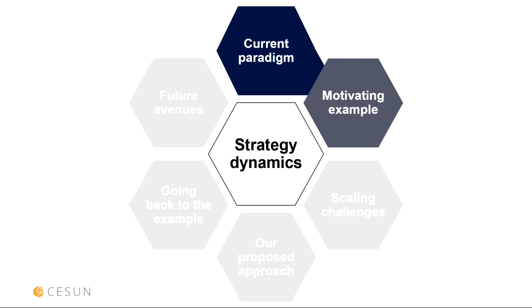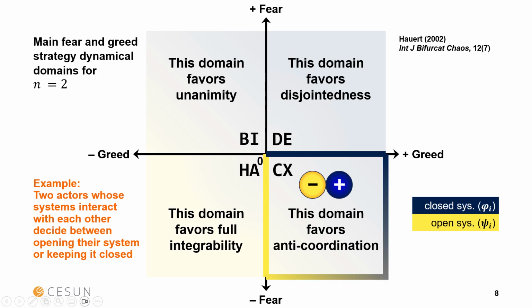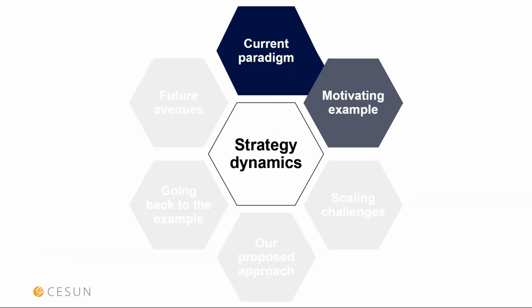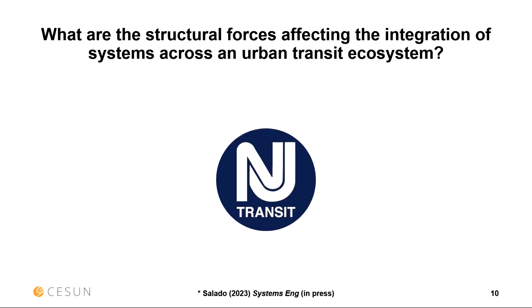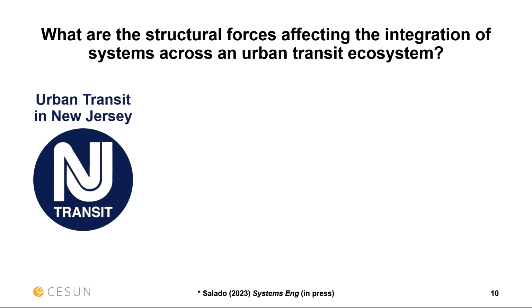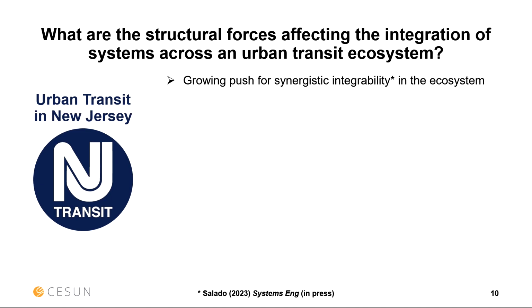So how is this relevant to engineering systems? Well, what if we are trying to understand what these structural forces imply for the integrability of an urban transit ecosystem? Take, for instance, the NJ Transit Corporation, and let's assume there is a growing push for integrating these systems and achieving synergy.